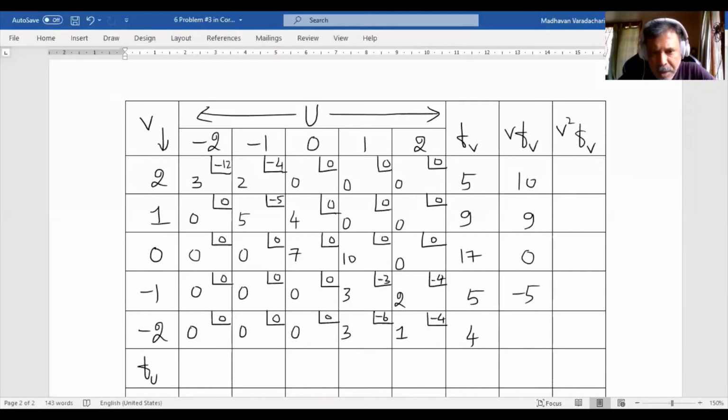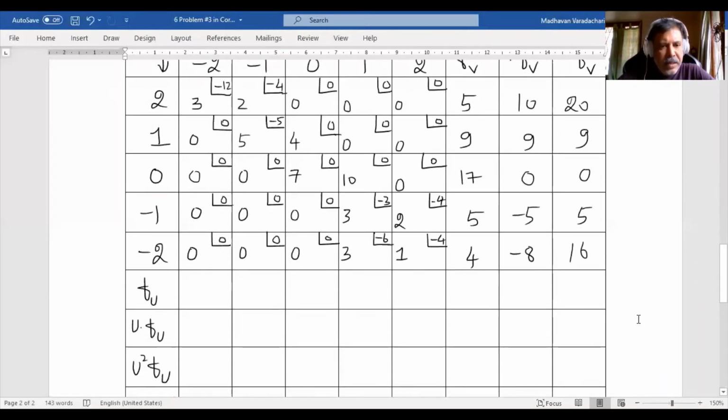So it is -8. Now here V square into FV means if I multiply this VFV into this V, I will get this result. Means 2 into 10, 20. 1 into 9, so it is 9. 0 into something, 0. Minus 1 into minus 5, it becomes plus 5. Minus 2 into minus 8, it becomes plus 16.